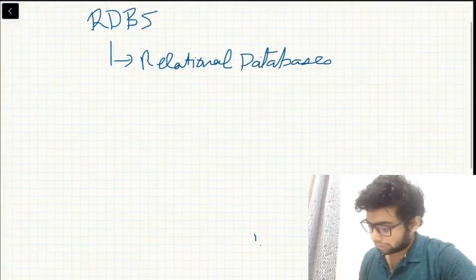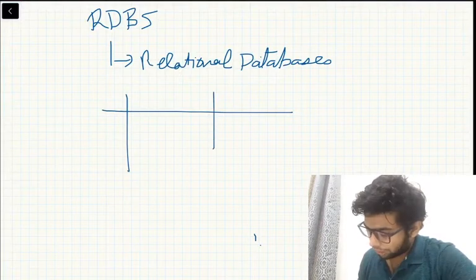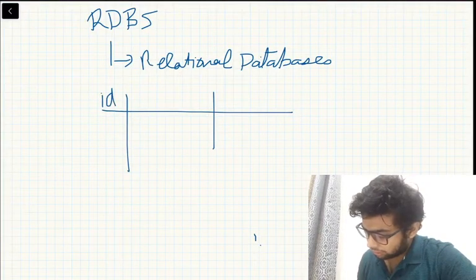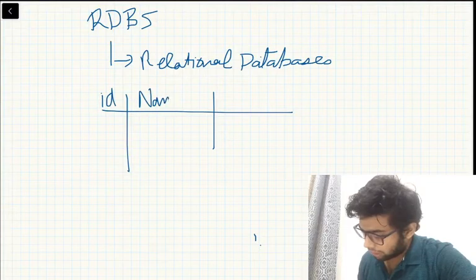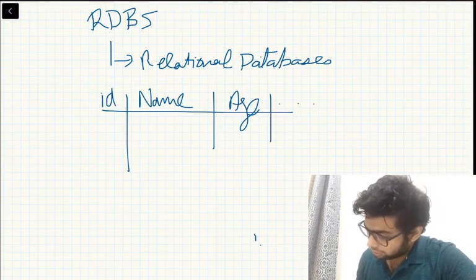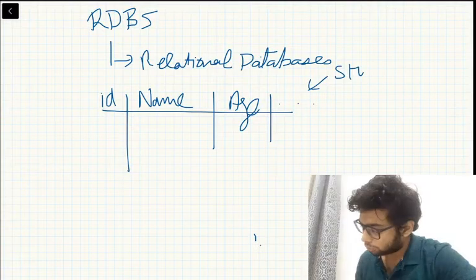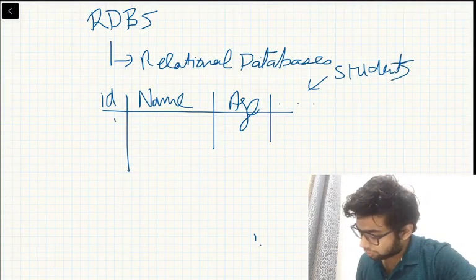So let's say this is a table which has a column called ID, another column with name, and another column, let's say age. This table could have multiple columns, and let's say this table name is students because it tells us information about some students, and each row of this table would contain some data.